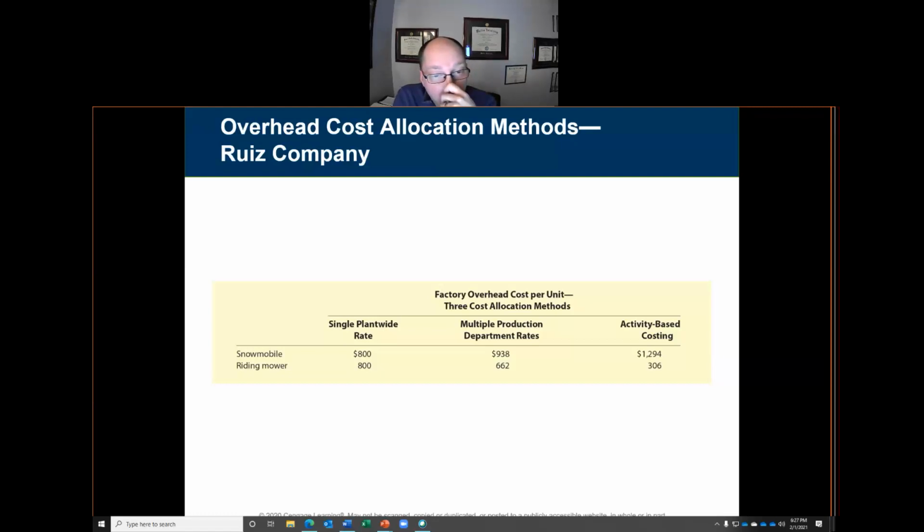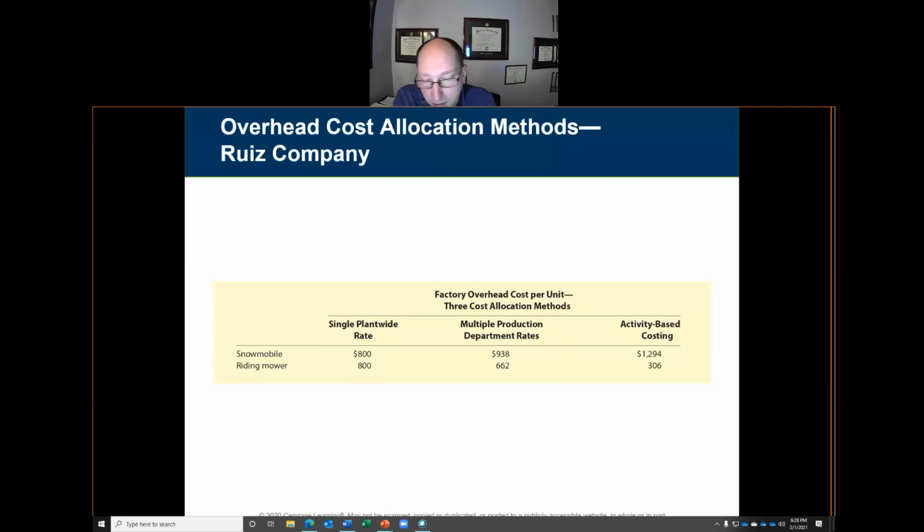We have the single plant-wide rate, the multiple production department rate, and activity-based costing. Now, what do we do from here? We look at the differences, also known as the distortion costs. The distortion cost tells me which method is the most effective for my business.